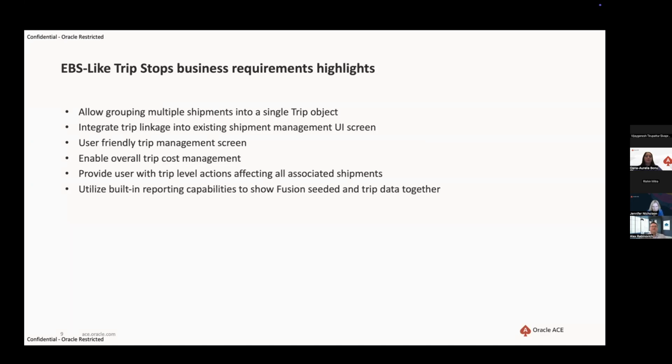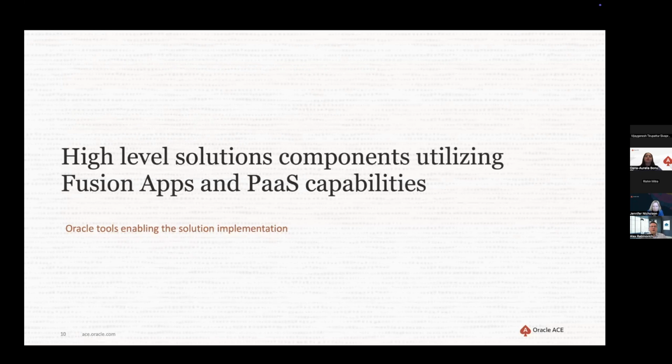So this was the set of requirements we received when we started to evaluate and decide what would be the proper solution to achieve those goals. Now, having shown the high-level requirements, let's see what Oracle tools we selected to implement them.